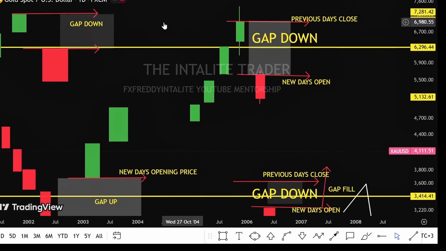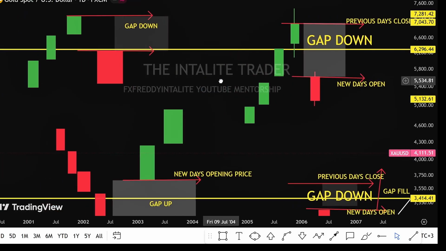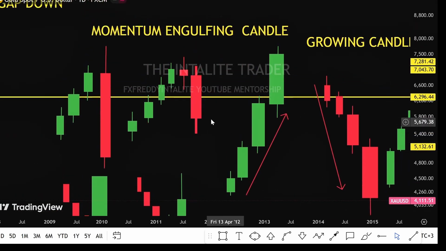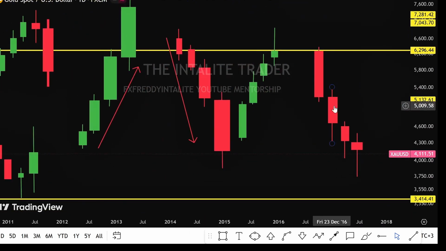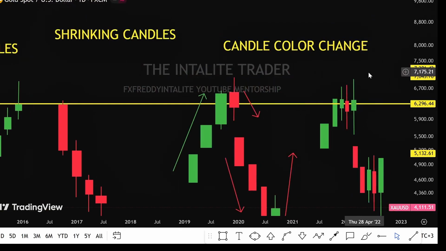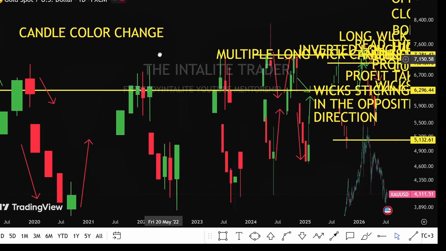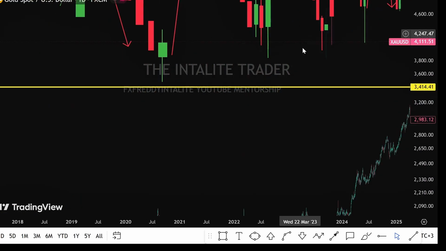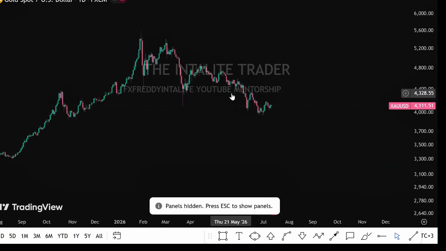Especially if you are someone who trades stocks and cryptos, you need to understand gap down and gap up candles. We have seen a momentum engulfing candle, growing candles, shrinking candles, candle color change and very, very many other things. Let's go to the charts.